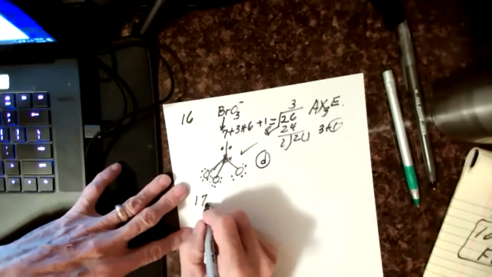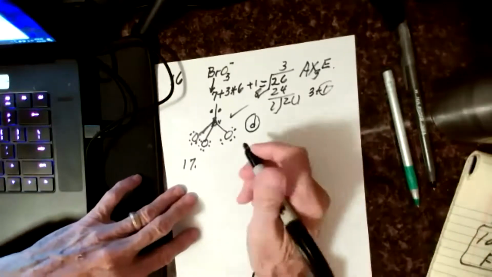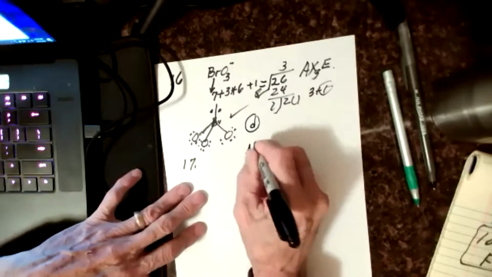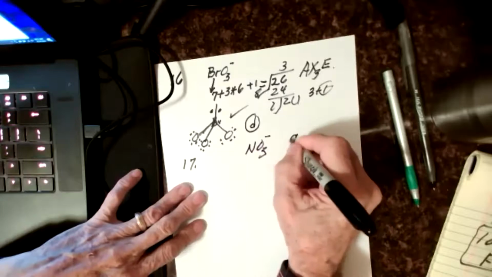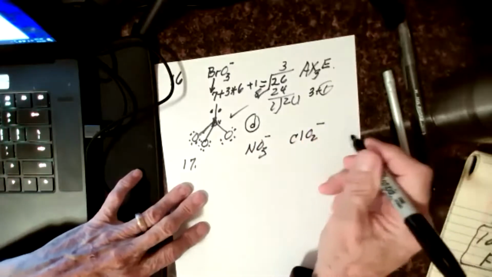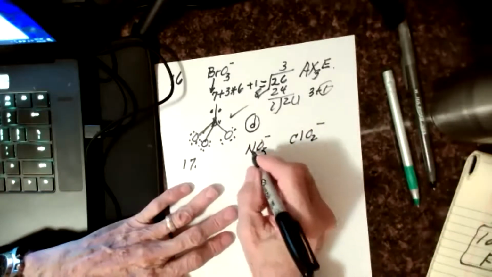For 17, we're going to determine whether the molecule is polar or non-polar. So, NO3 minus and ClO2 minus. Let's do them both by the math method and see what we come up with.